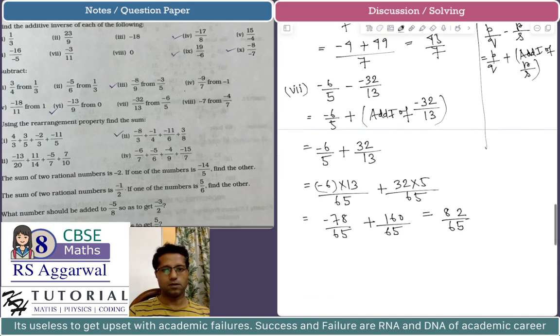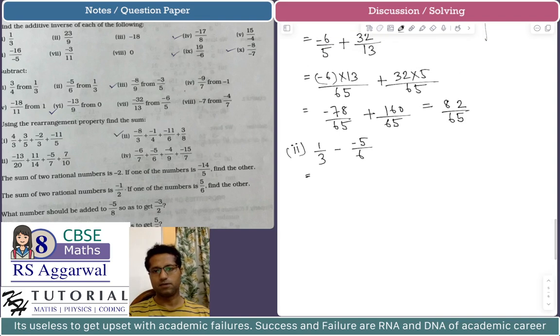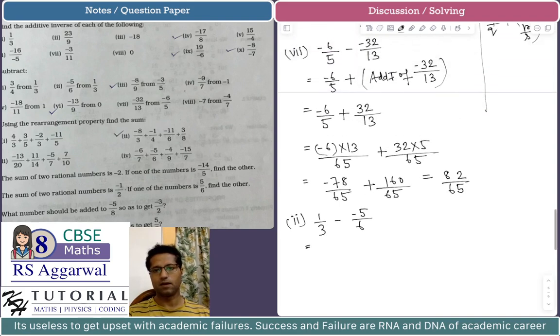Let's do the second one. We have to subtract minus 5 by 6 from 1 by 3. So this is equal to, now I will not do the solving with as much detail as I was doing until now.